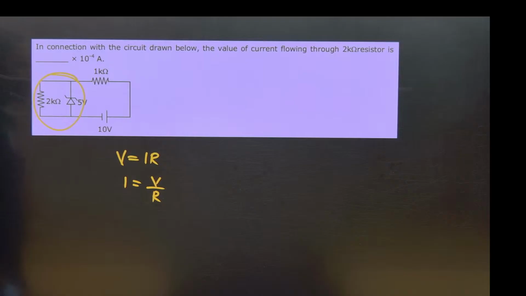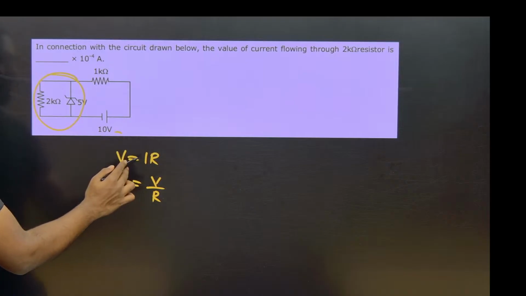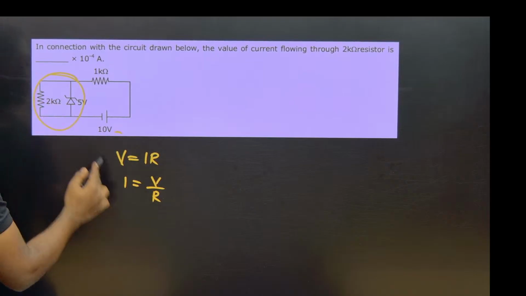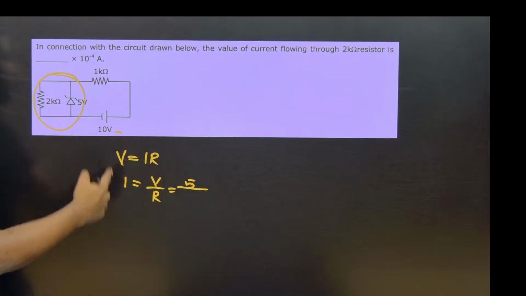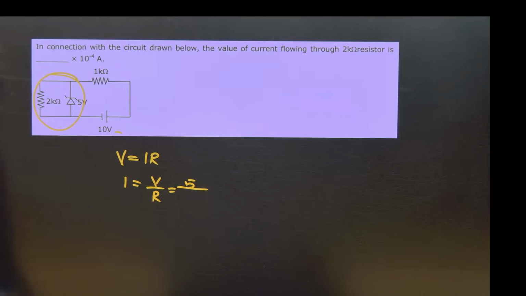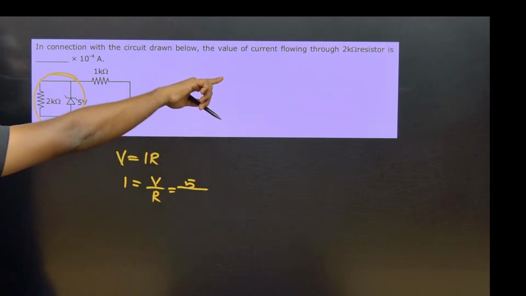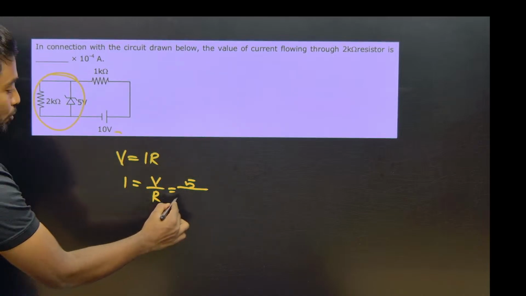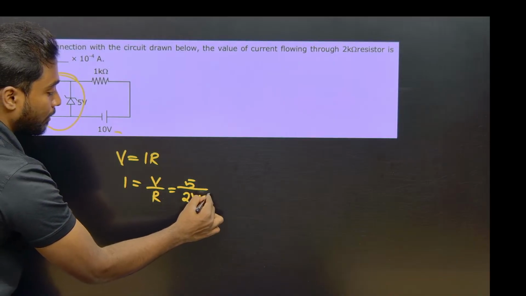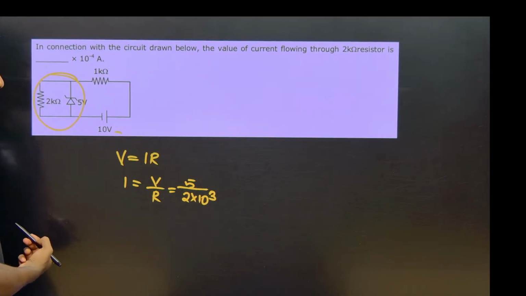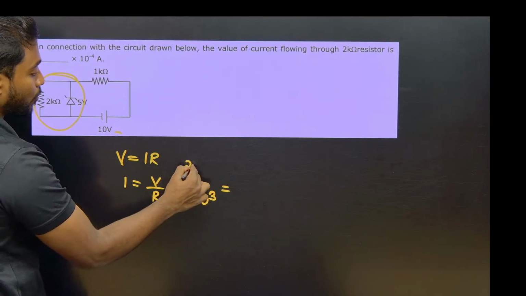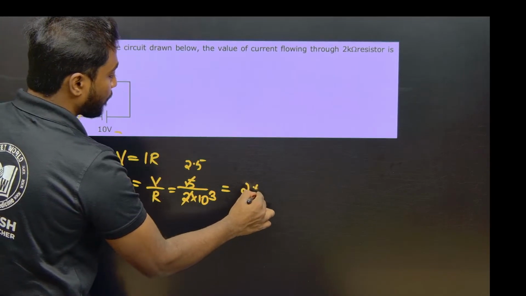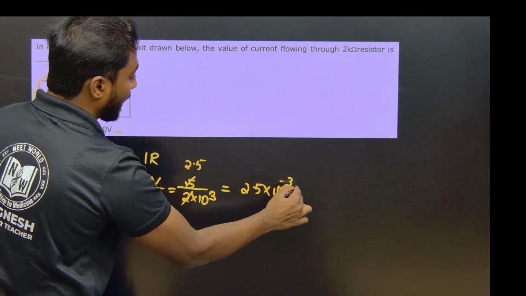They have given 5 volt and a 2 kilo ohm resistor, so 2 into 1000, that is 10 power 3. So 5 by 2 into 10 power 3 gives 2.5 into 10 power minus 3 ampere.